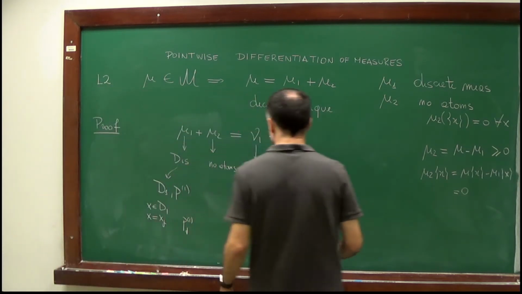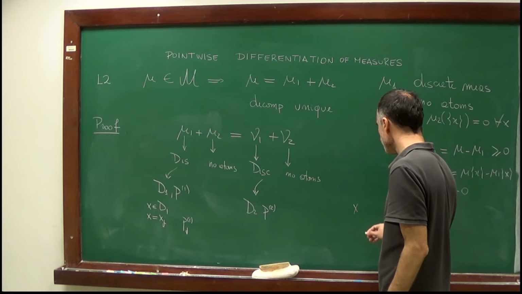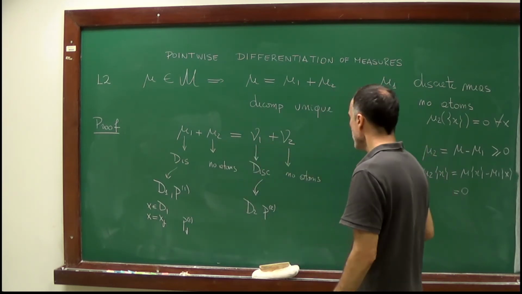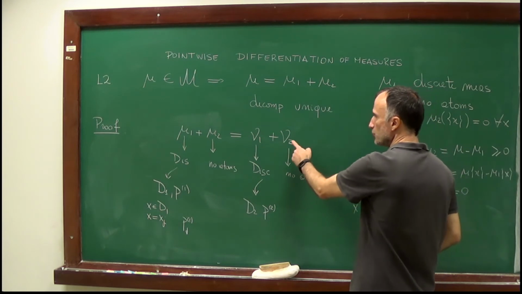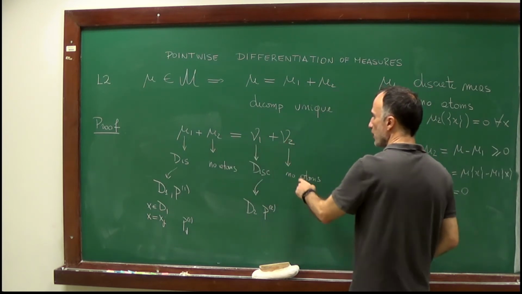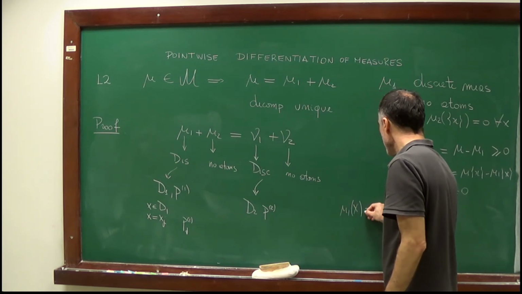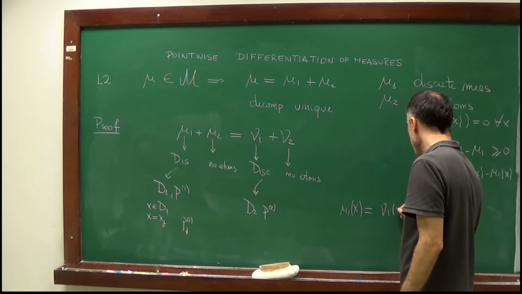So maybe it's not clear, but let me take a point x. Let me take the measure of that point. From this identity and from the fact that mu2 and nu2 have no atoms, what we get is that mu1 of x is equal to nu1 of x.